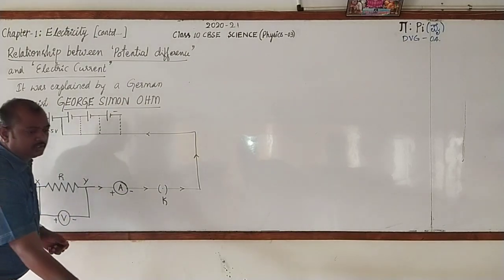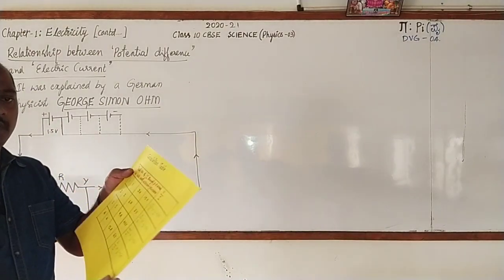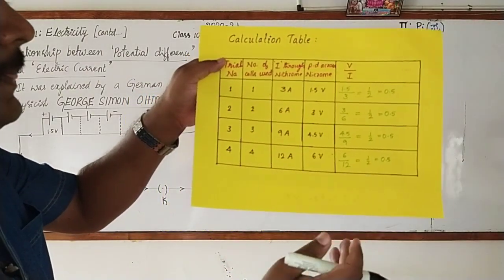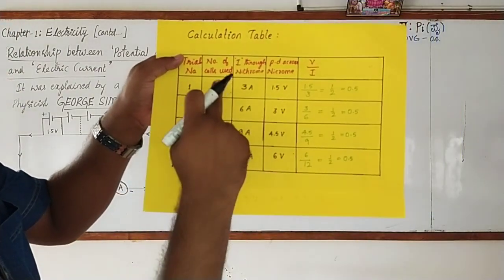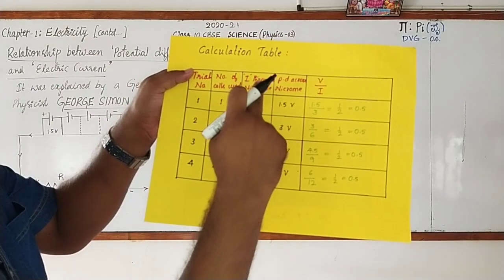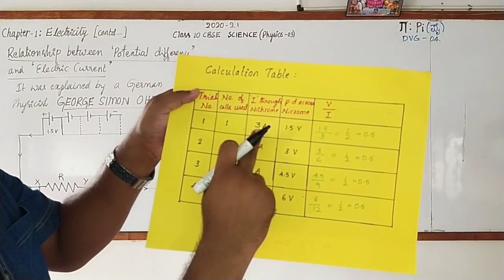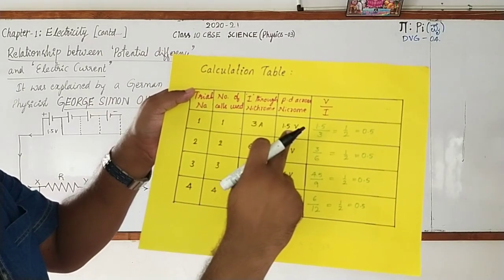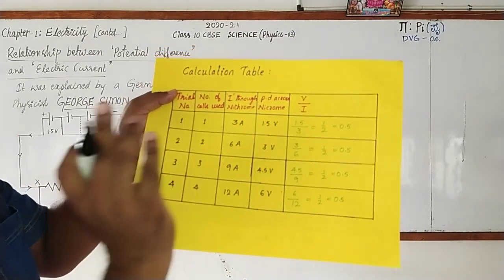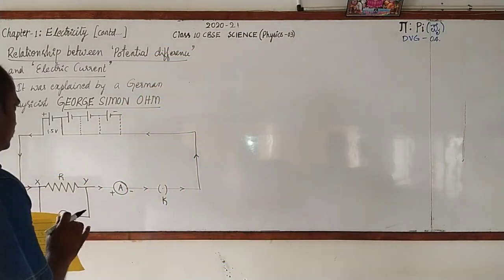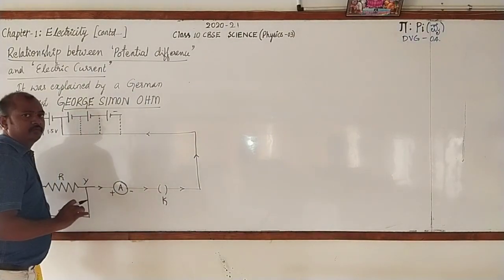Similarly for voltage. Here I have recorded the first trial. In the first trial we used one cell, and the ammeter is showing 3 amps and the voltmeter is showing 1.5 volts. Next, switch off.